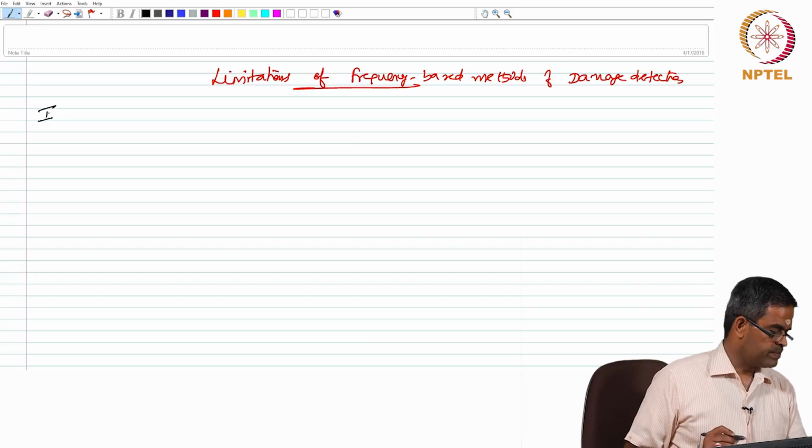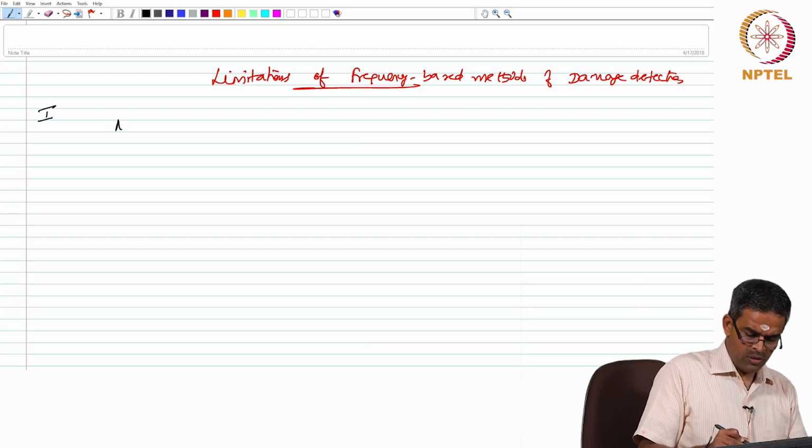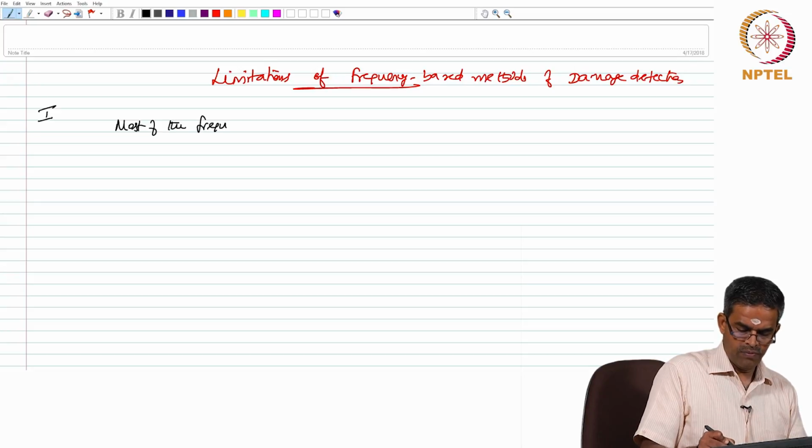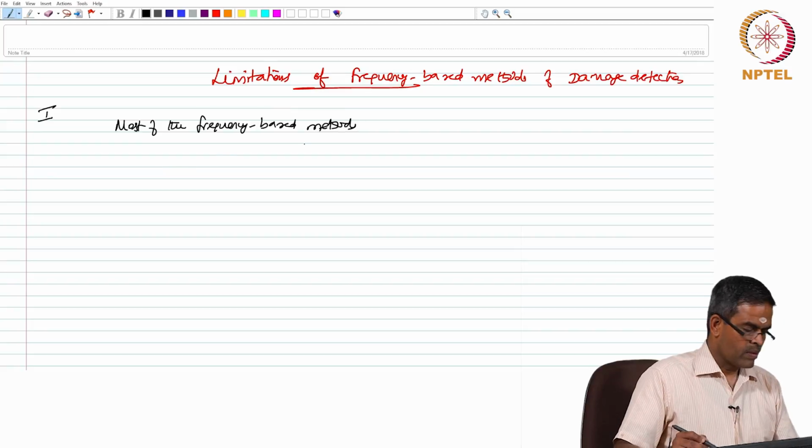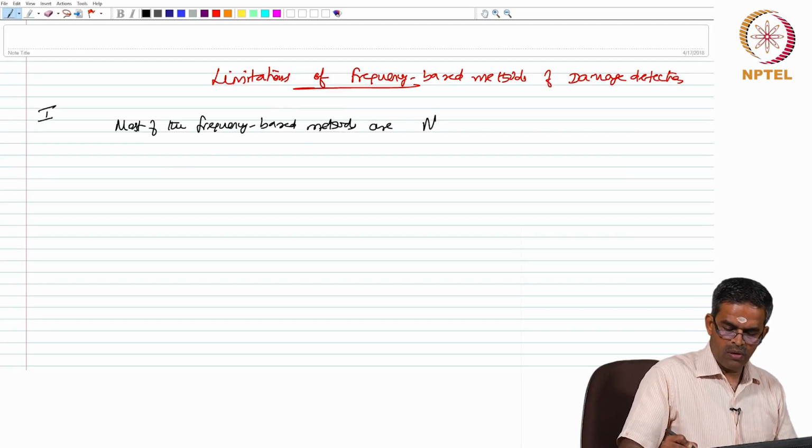First, most of the frequency based methods, we have highlighted 3 of them, are model dependent.